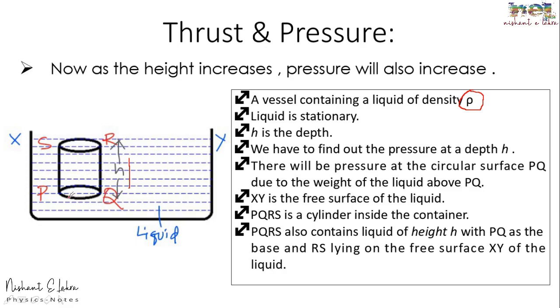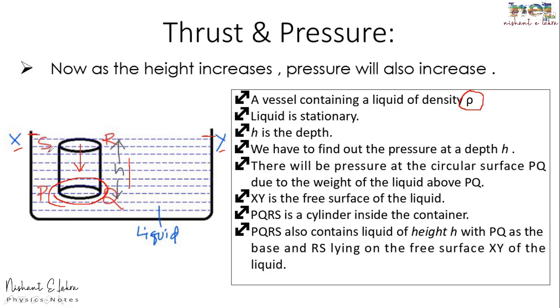There will be pressure at the circular surface, that is PQ. I'm just circling it so that you know what I'm talking about. Now there is a pressure here due to the weight of the liquid above PQ. Okay, and XY represents the free surface of the liquid. Okay, there is not much pressure over there in XY.